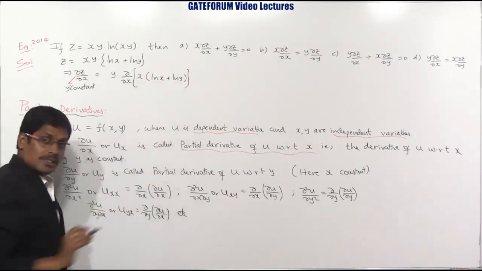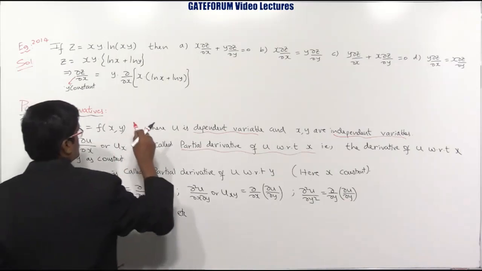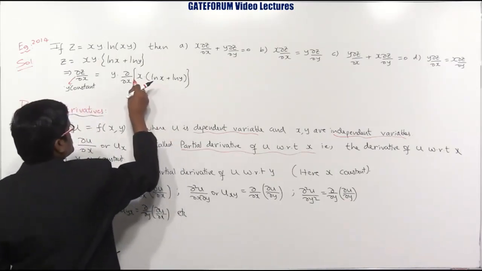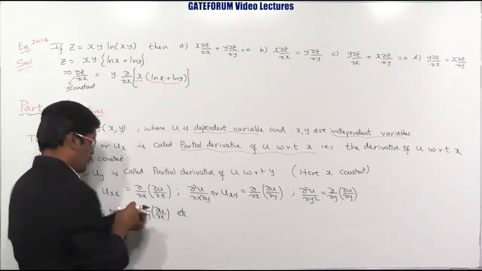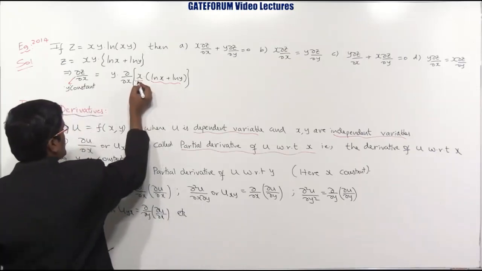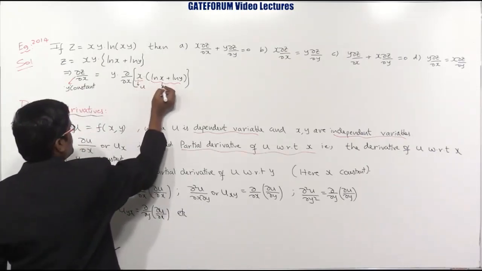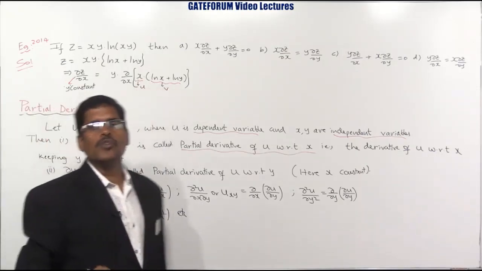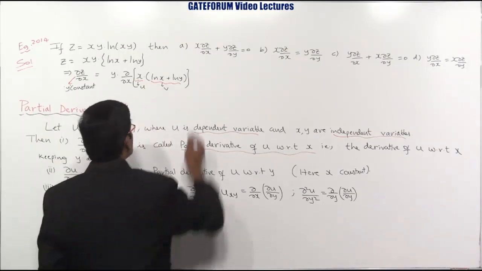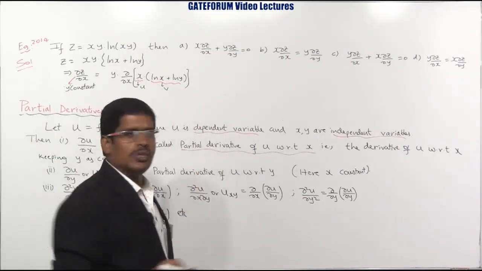Can I write like this? So you following or not? This is a product of two x terms, one is x, other is log x plus log y, denoting by u v. It is the uv product rule of differentiation.